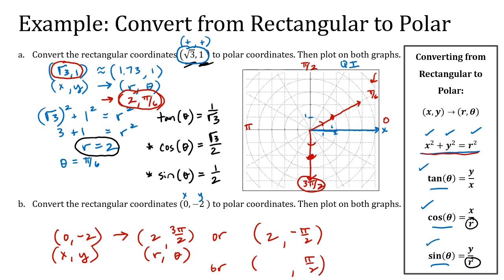Well, in order to get back down to that negative y-axis, then I would have to go the opposite direction, which would make my r value a negative. So as long as the polar coordinate that I come up with maps the same location as the rectangular coordinate that was given, then that's a possible polar coordinate, and I can use it.